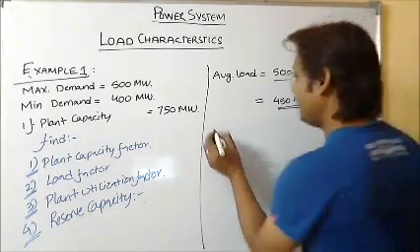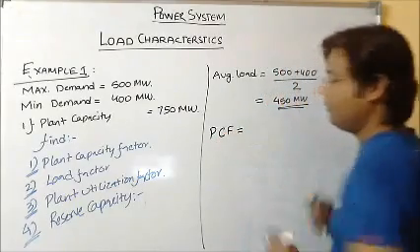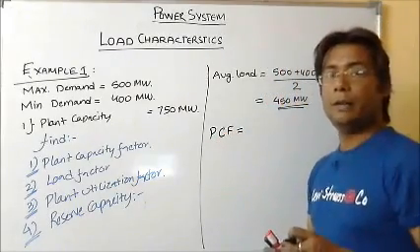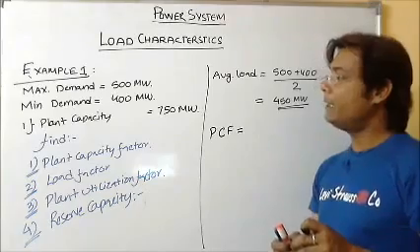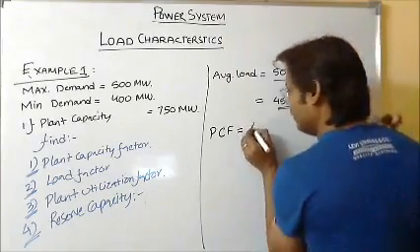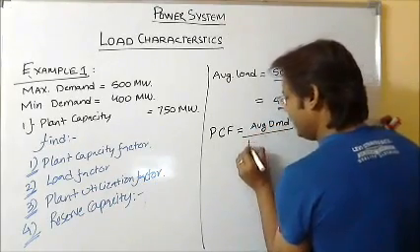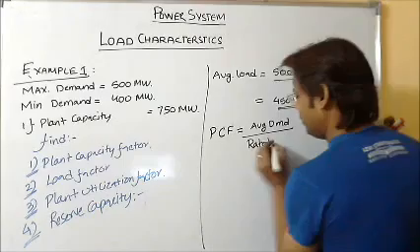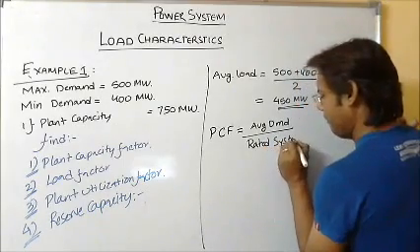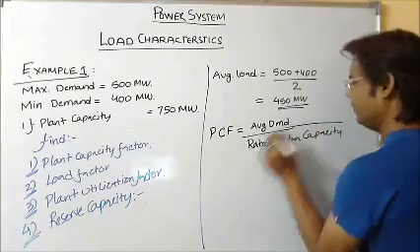So we can have the plant capacity factor, PCF, equal to the average demand divided by the plant rated capacity. It is the average demand divided by the rated system capacity.